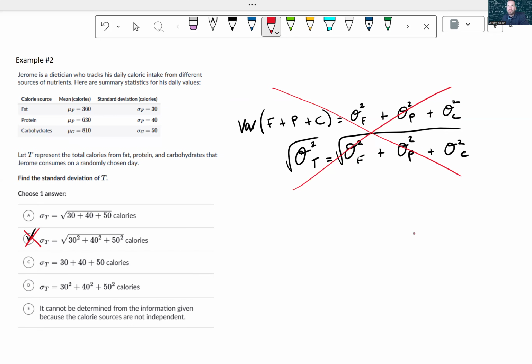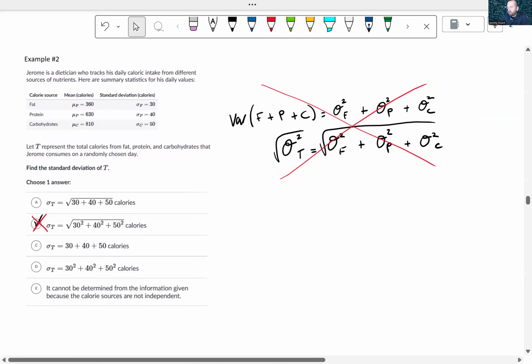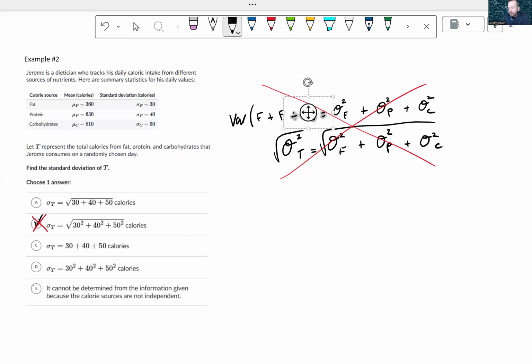And so because these variables come from the same total intake, which is calories, they likely move together. So without independence specifically stated, we can't combine their variances. Nowhere in here does it say that these are independent. In our first example, it did. And here it doesn't. So if it doesn't state independence, then it cannot be determined from the information, and we cannot use that formula.